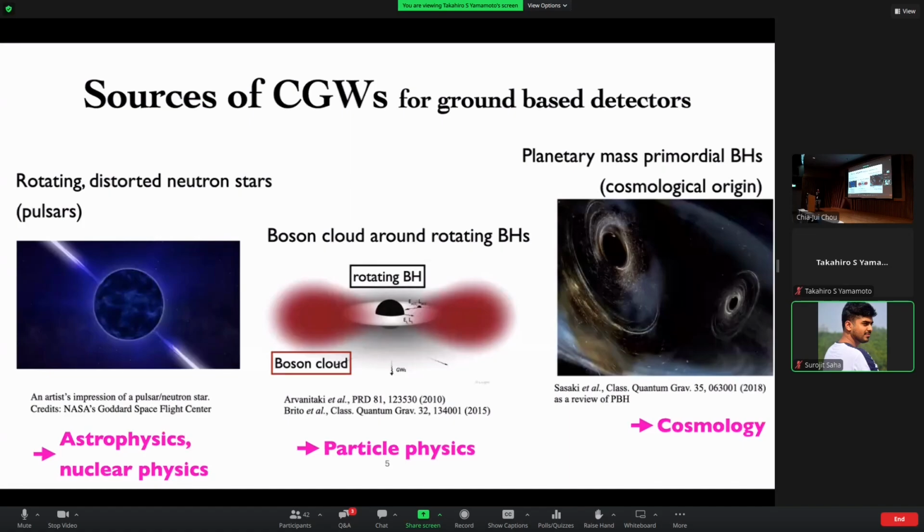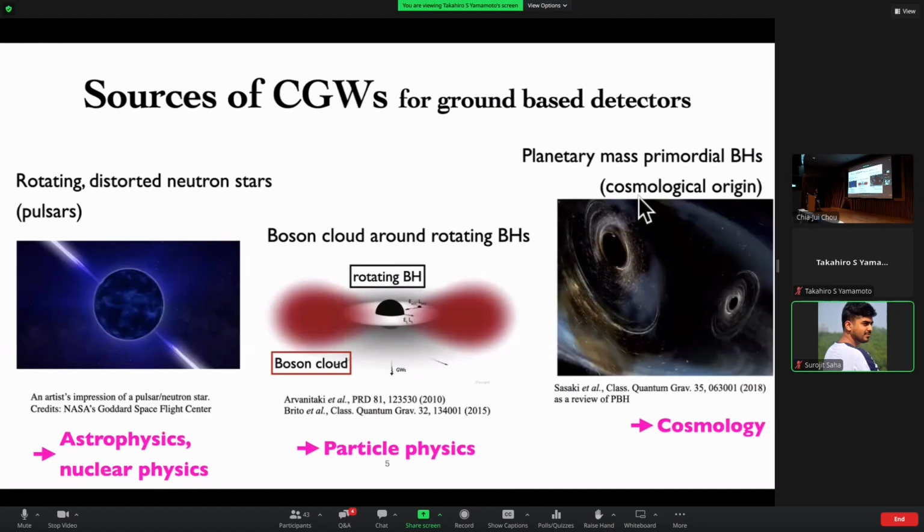Neutron stars and primordial black hole binaries could be easily distinguished, because the pulsar should have a negative frequency change rate, I mean the spin-down, but primordial black hole binaries should have an increase in frequency, so a positive value for the frequency change rate. So the frequency change rate can be used for discrimination of the source.